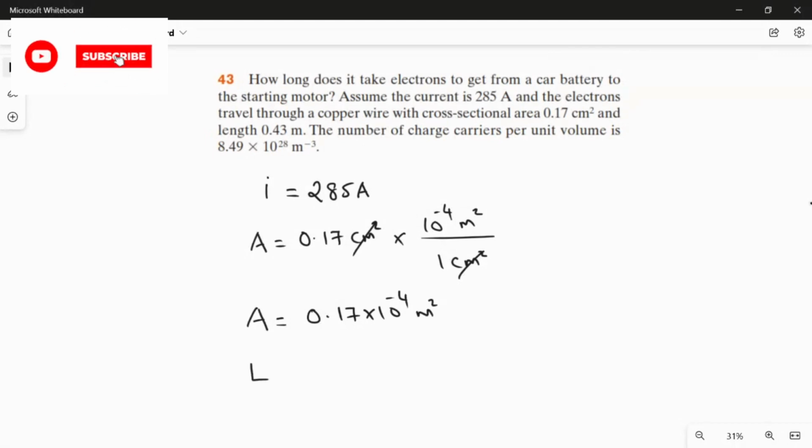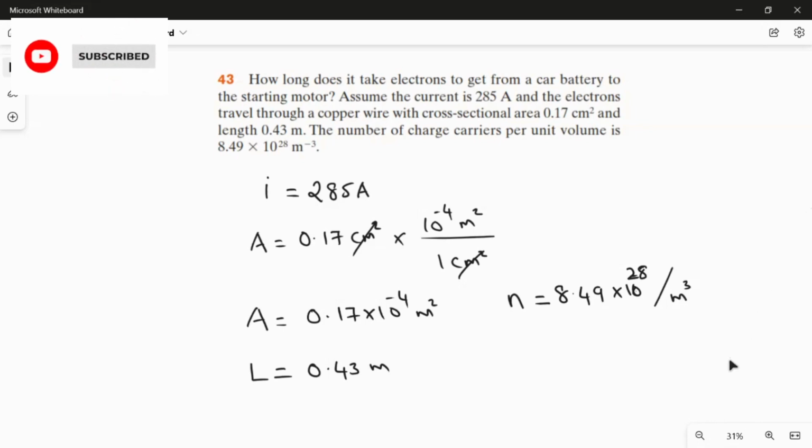And the length of the copper wire is mentioned as 0.43 meter. And finally, they give the number of charge carriers, small n, which is equal to 8.49 multiplied 10 power plus 28 per cubic meter.